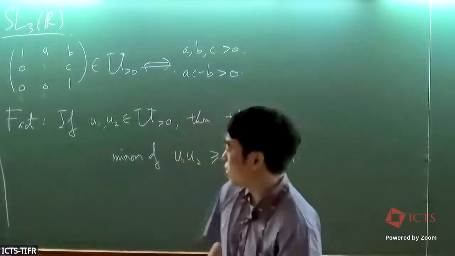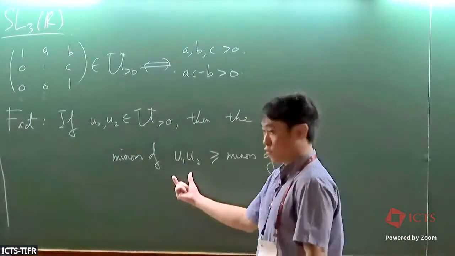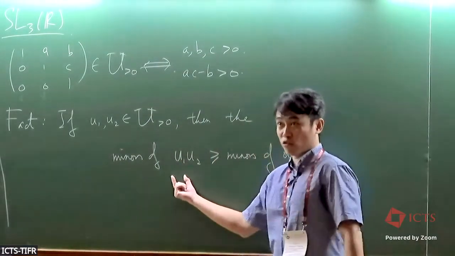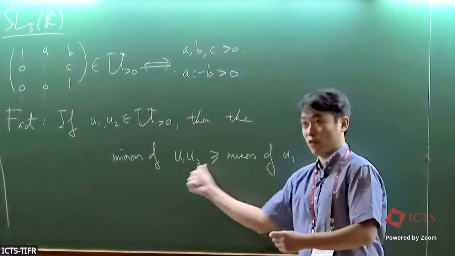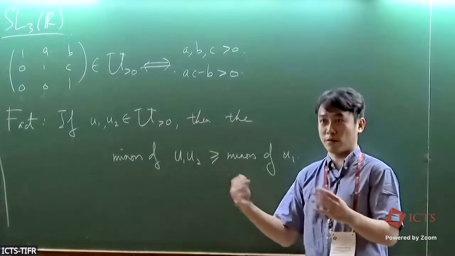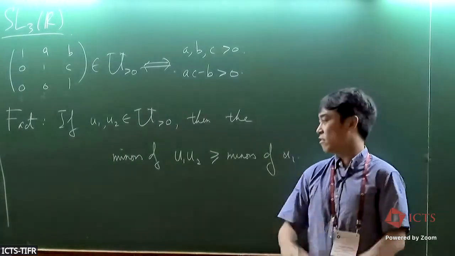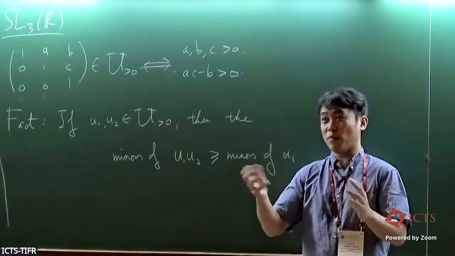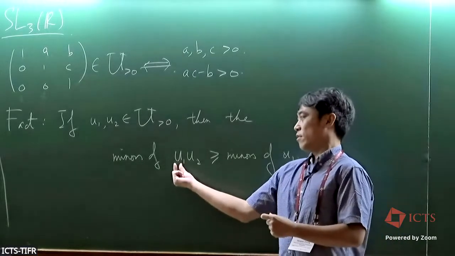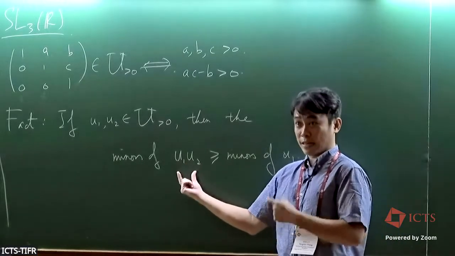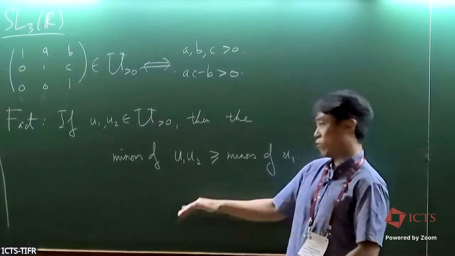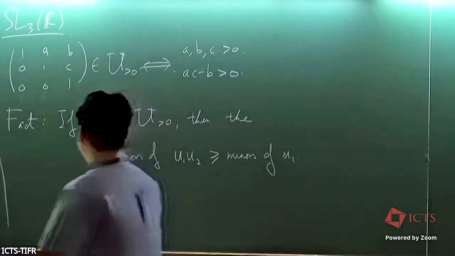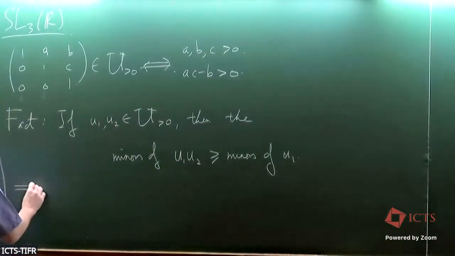Every time I take a minor of U1U2, I'm choosing a submatrix, so there's a corresponding minor of U1, and I'm saying that you have this inequality. This basically comes from a formula, I forget the name, where you can write the minor of the product as a sum of products of minors of U1 and U2. From that, you can see this, and so this tells you that U greater than 0 is a semigroup.